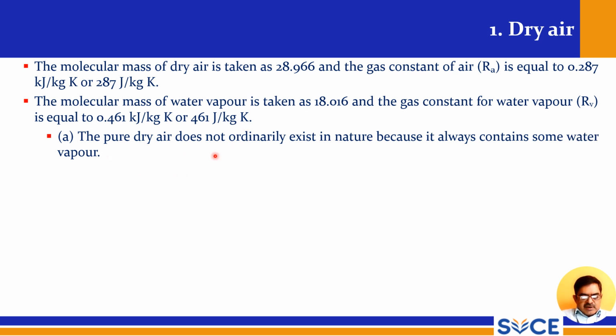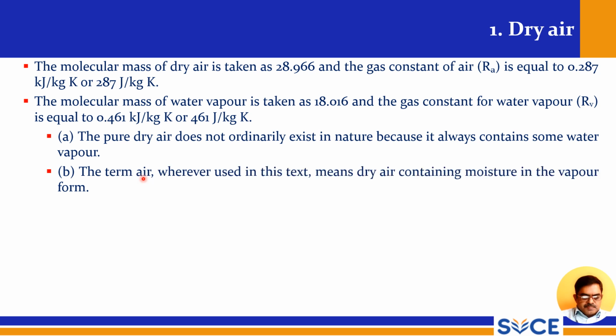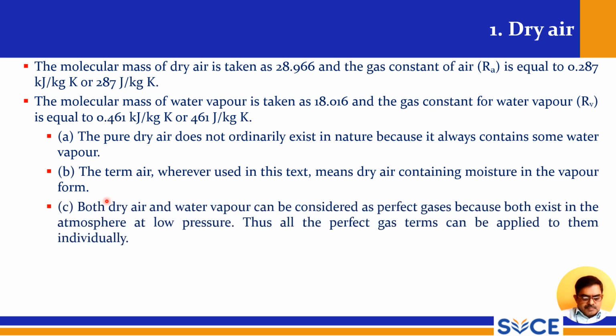Pure dry air does not ordinarily exist in nature, because it always contains some water vapor. So normally humidity will be there in air in almost all atmospheric conditions. The term air, wherever used in this text, means dry air containing moisture in the vapor form. So the term air is always moist air, mixed with water vapor.